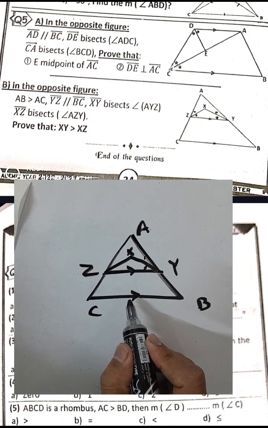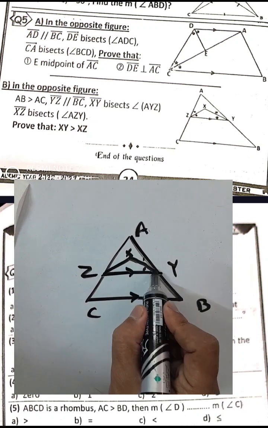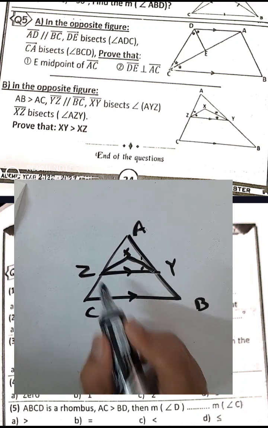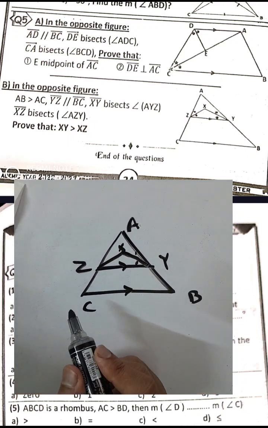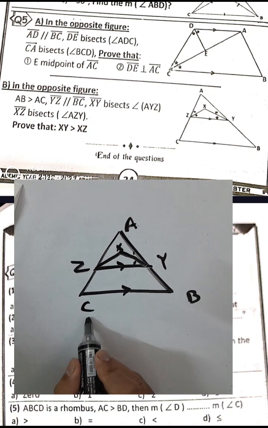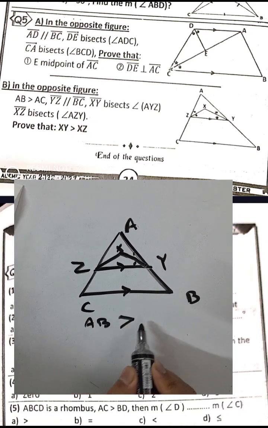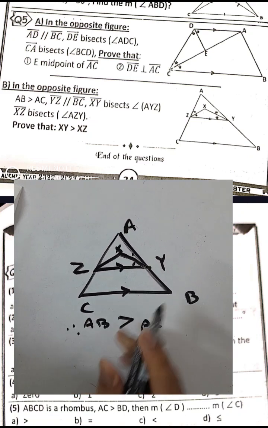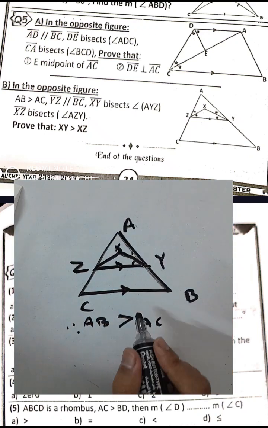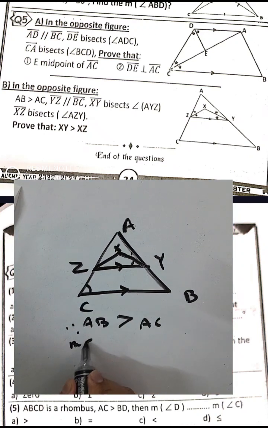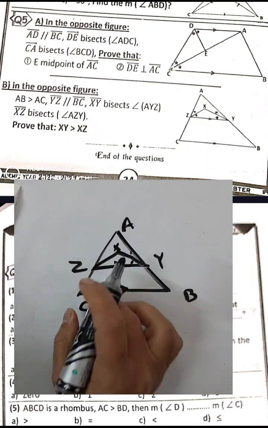You want to prove that XY here greater than XZ. Okay, and we have AB greater than AC, such that AB greater than AC, then the measure of angle C will be greater than measure of angle B.